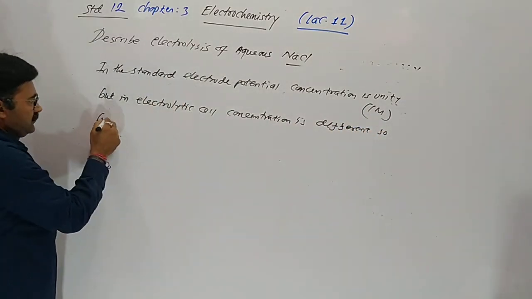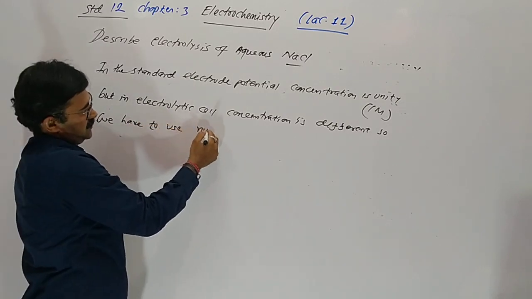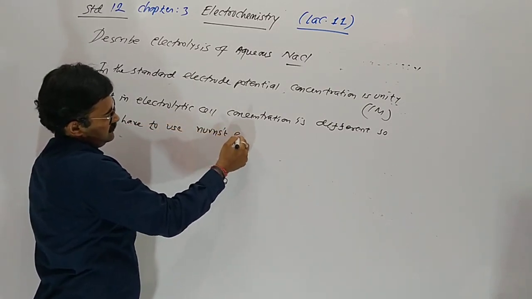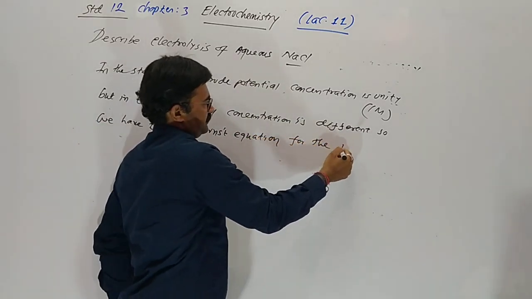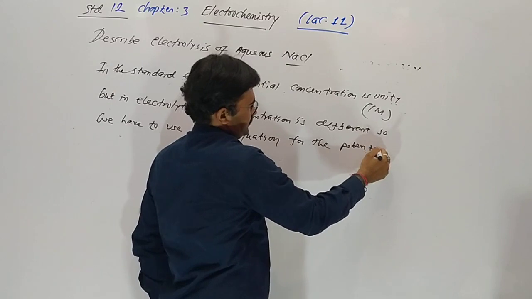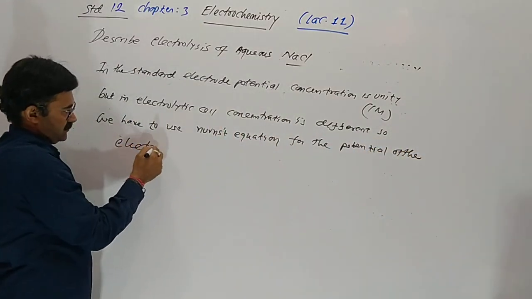So we have to use the Nernst equation for the potential of the electrodes.